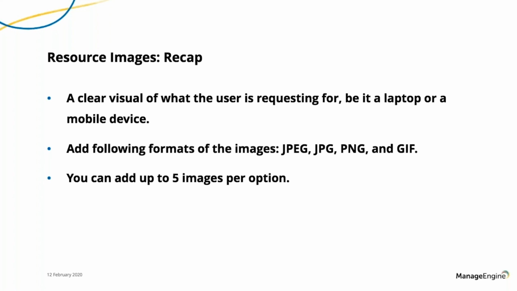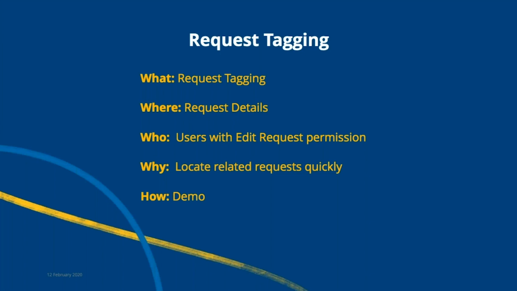Moving on to the next item on the agenda, request tagging. This feature came up after a lot of requests from our users to find an effective way to look for and search for requests. So we came up with the idea of adding tags to requests. And where can you add these tags?